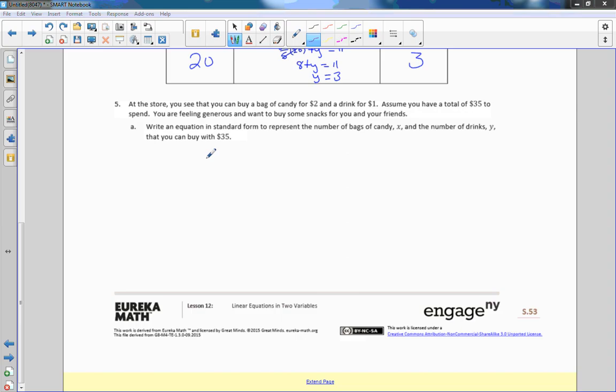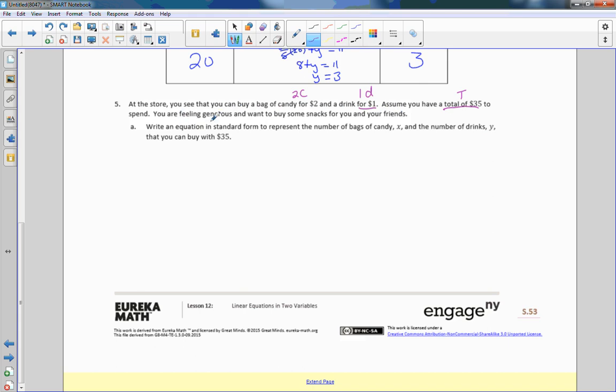Okay, number 5. At the store, you see that you can buy a bag of candy for $2 and a drink for $1. Assume you have a total of $35. So we have a total of 35. We have a drink for $1, and we have candy for 2. So we have 2 times C and $1 times D. You are feeling generous and want to buy some snacks for you and your friends.